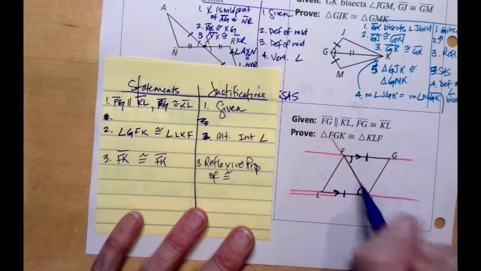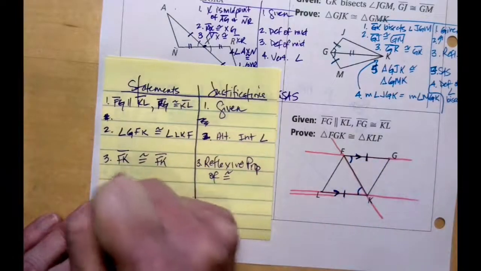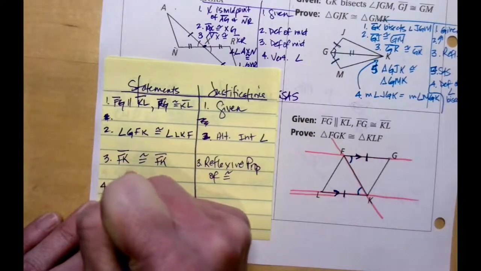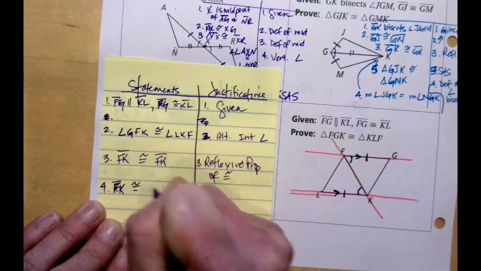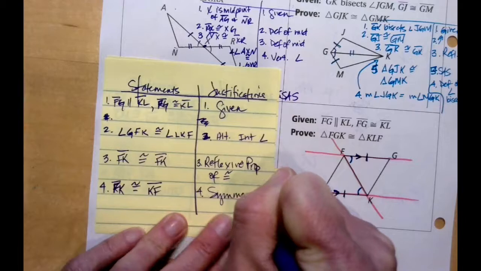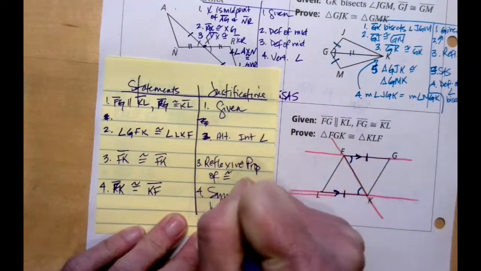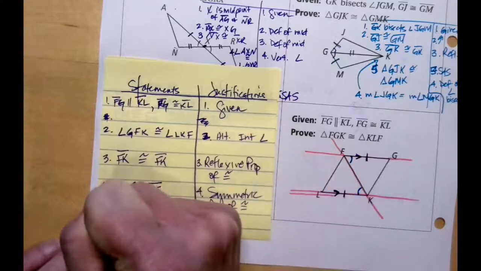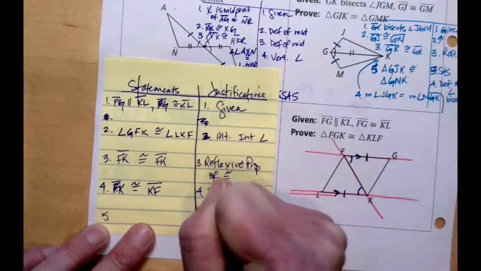Yeah, I do. So I need to also say that segment FK is congruent to segment KF, and that is that symmetric property of congruence.